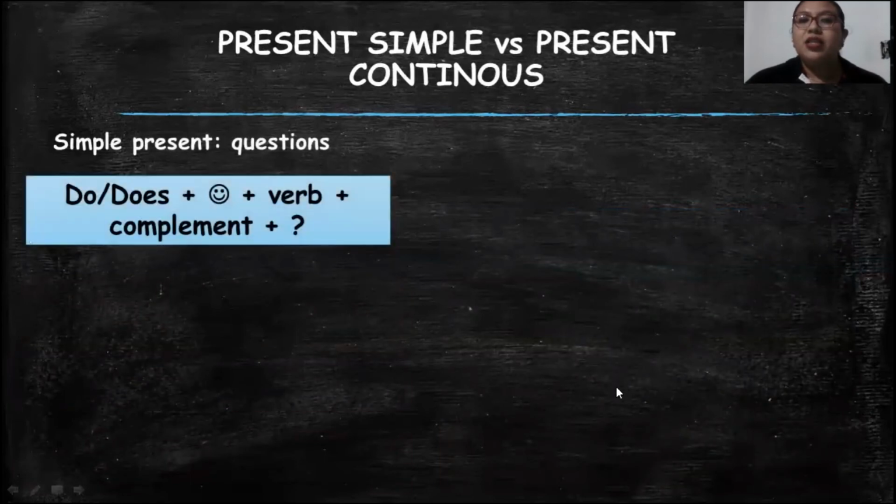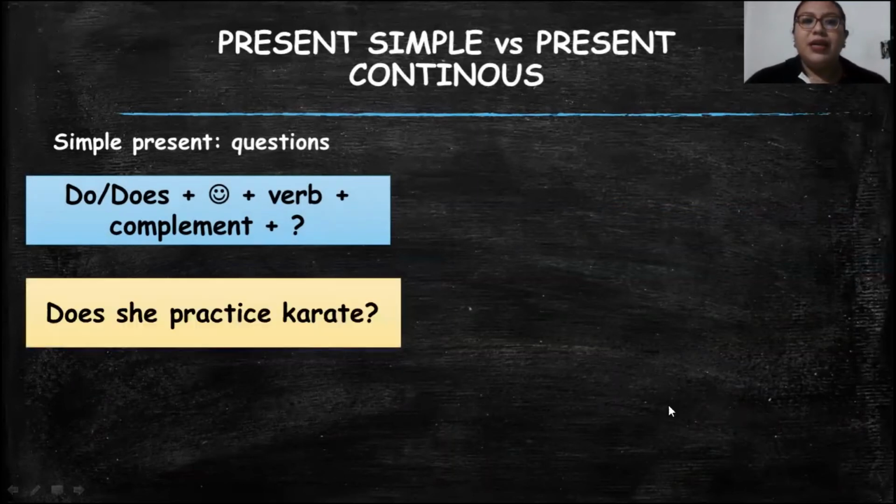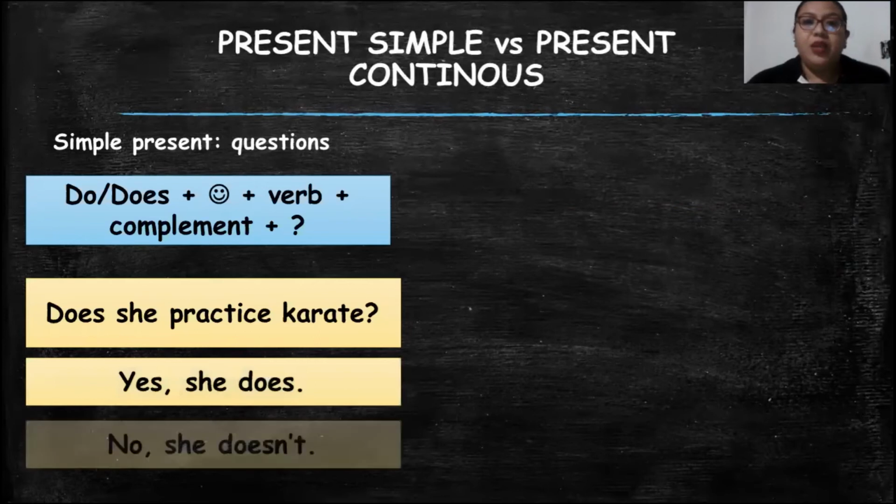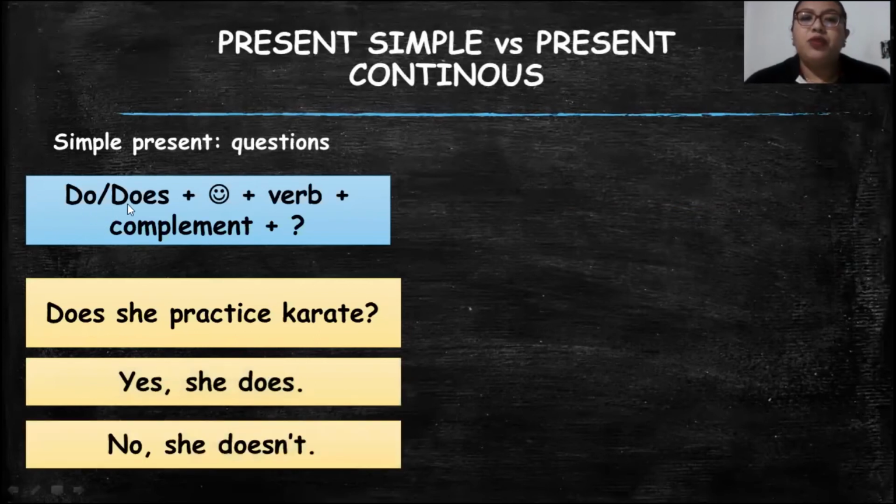Then here let's talk about, well, affirmative and negative is almost the same, okay? Here, let's talk about simple present and present continuous in questions, okay? So here we have do and does plus the subject plus the verb plus the complement, okay?